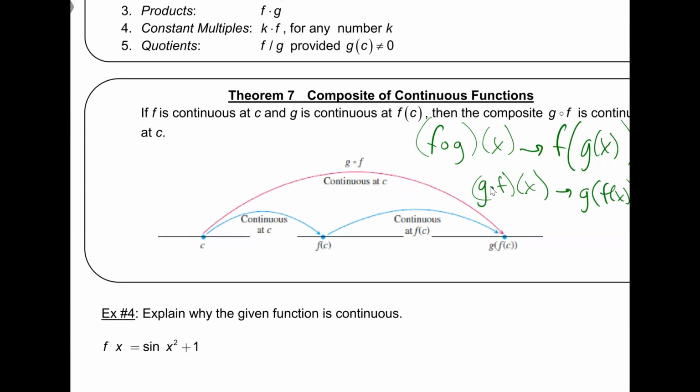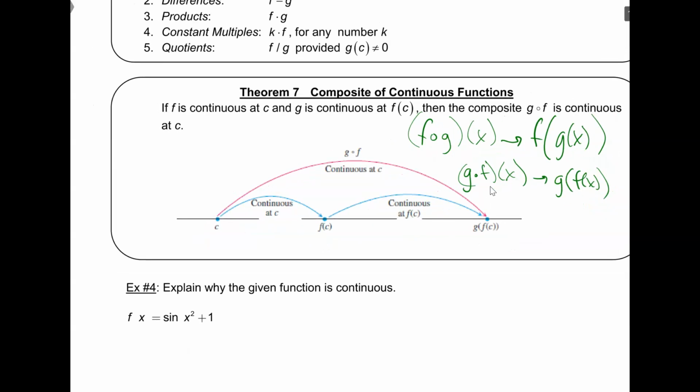So if f is continuous at a point c, meaning my first function is continuous at that x value, and g is continuous at f of c, then the composite is going to be continuous. So if my inside function is continuous at that x point, I have the y value, and then I plug it into my second function. If that's continuous, then the whole composite function will be continuous.